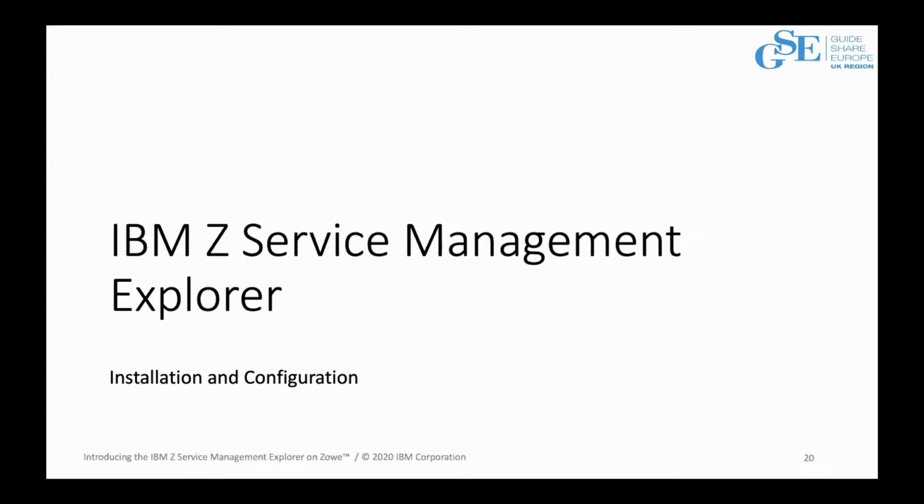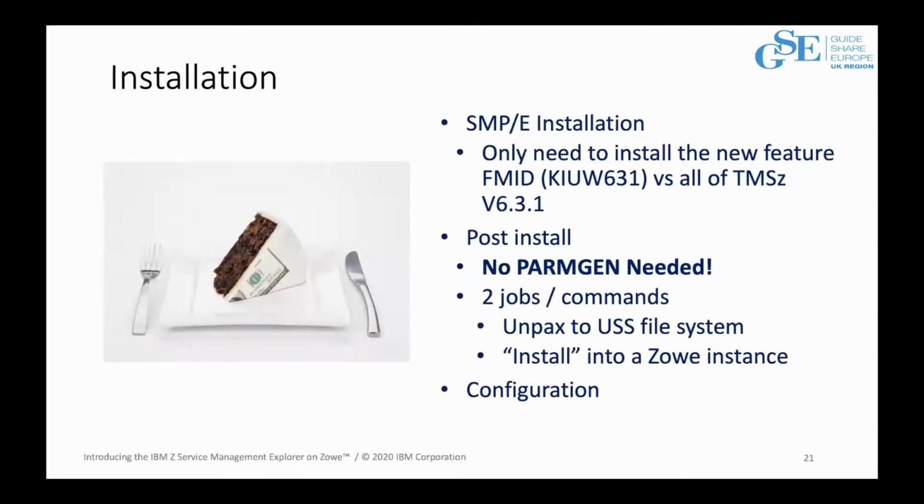So installation and configuration. I've said it's a piece of cake. Well, I've shown it's a piece of cake, but actually it is quite simple. For installation, you can just download the FMID. You do not need to download the Tivoli Management Services on Z entirely. You can just download that FMID. And once you've installed that, there are post-install jobs. As I mentioned earlier, there are no PARMGEN requirements.